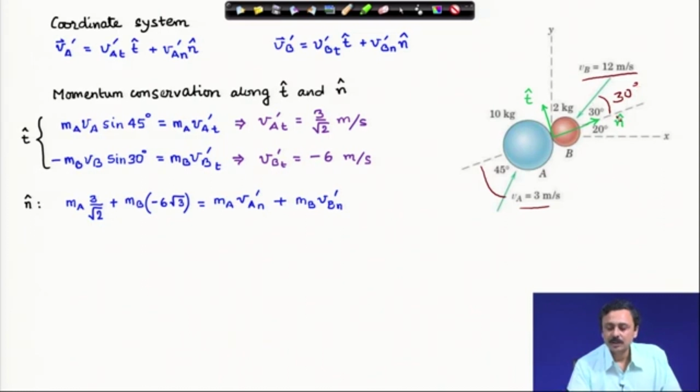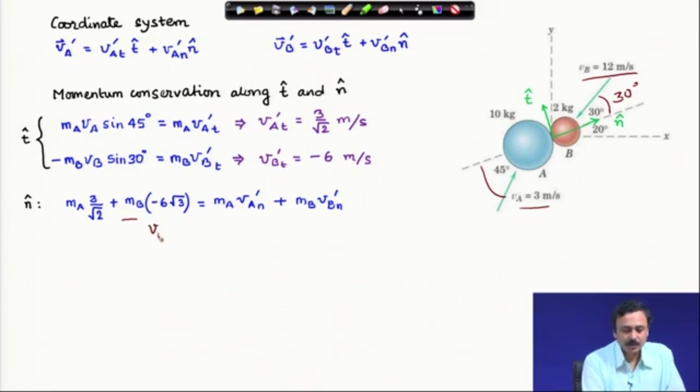Therefore, its velocity is minus V b cos 30 degree n cap, and that is multiplied by its mass, m b.